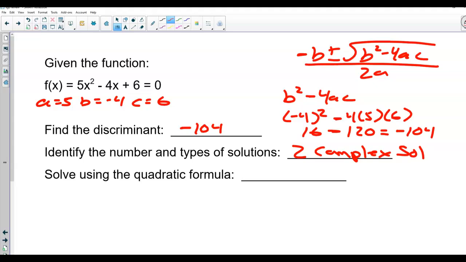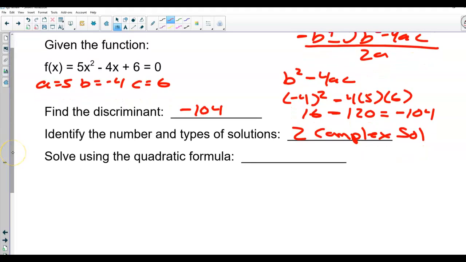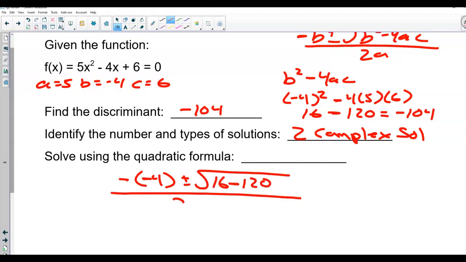So discriminant is greater than 0, real solutions. Discriminant is less than 0 like we have here, two complex solutions. Now, to answer the entire question, negative negative 4, so 4 plus or minus the square root of 16 minus 120 over 2 times 5.